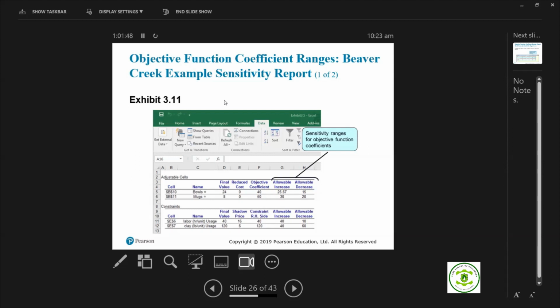So what that means is that the sensitivity range for bulls, which is x1, is given by 25, which is the lower bound, less than or equal to C1, less than or equal to 66.67. So this is the sensitivity range for x1.